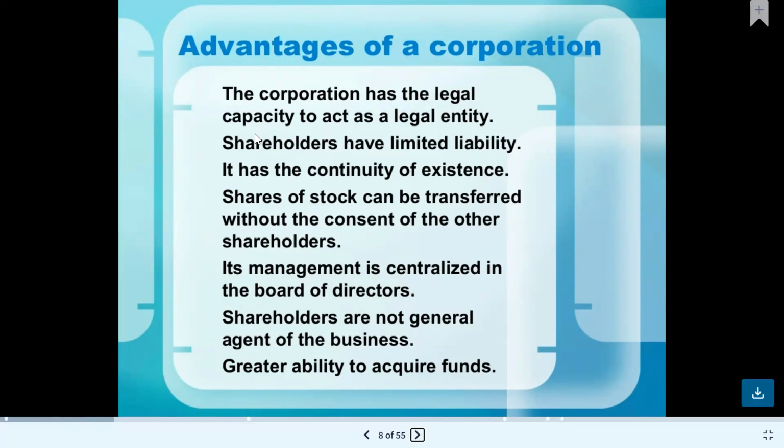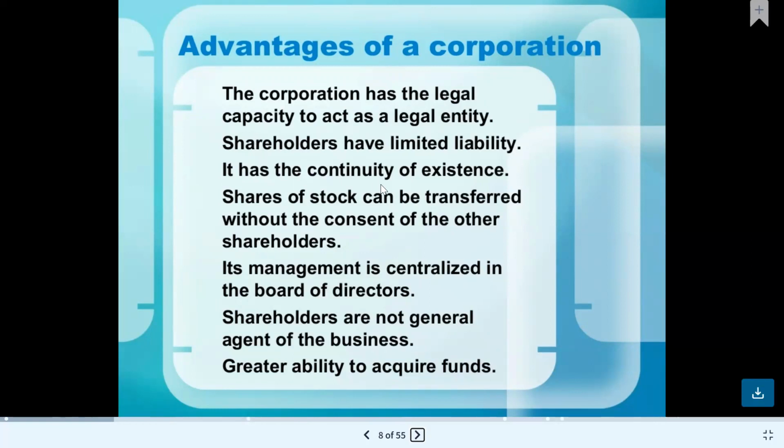Unlike a partnership, if the partnership becomes insolvent and you have a lot of liability from outside creditors, as long as you're a general partner, the creditors can run after your personal assets. But in a corporation, the shareholder's liability is limited only up to the shares or stock he or she owns.